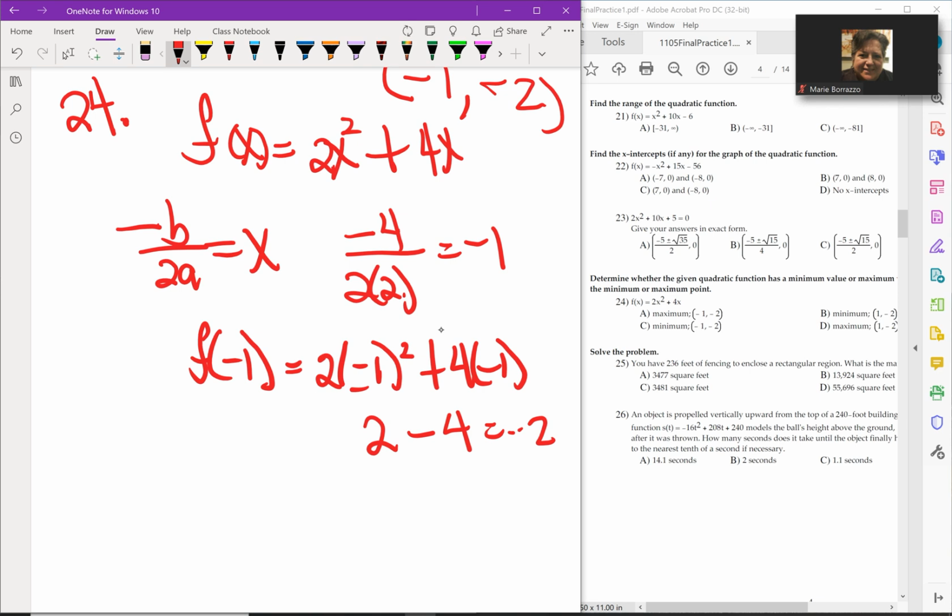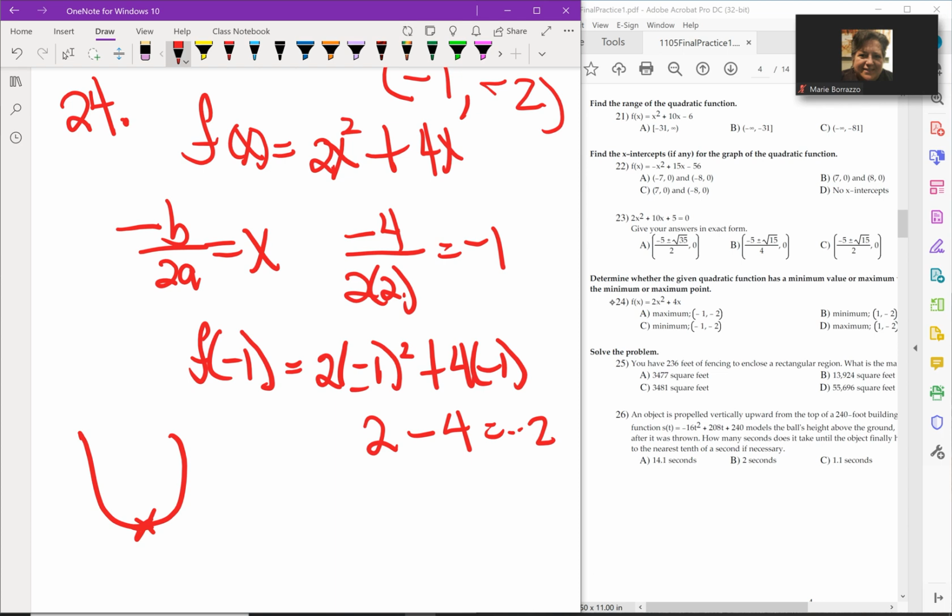This definitely opens up. And because it opens up, and that could actually help you very quickly, our vertex would have to be a minimum because our vertex is sitting here in this area. If that is the case, and I have negative 1, negative 2 for number 24, let's see here.